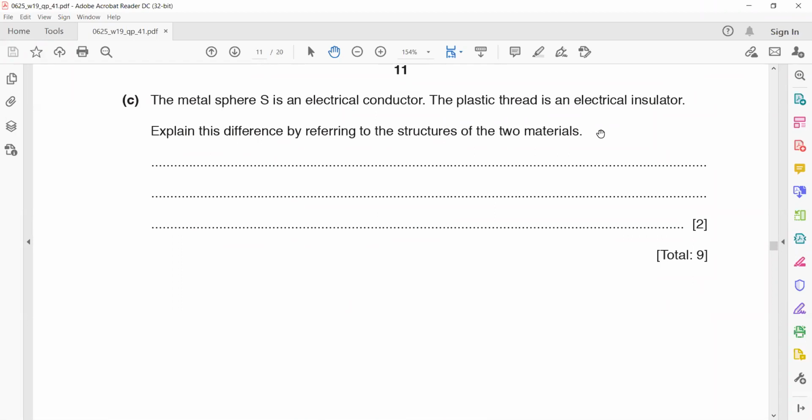Because there are free or delocalized electrons. As there are free or delocalized electrons in the metal, that's why it can conduct electricity and allow the charges to move through.